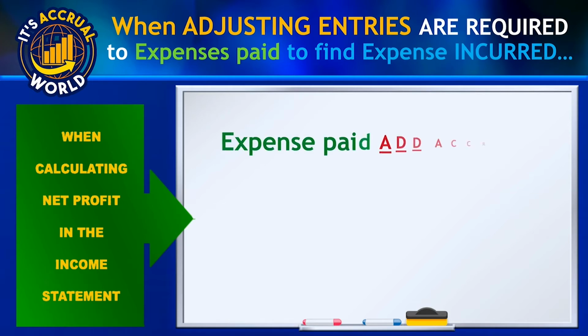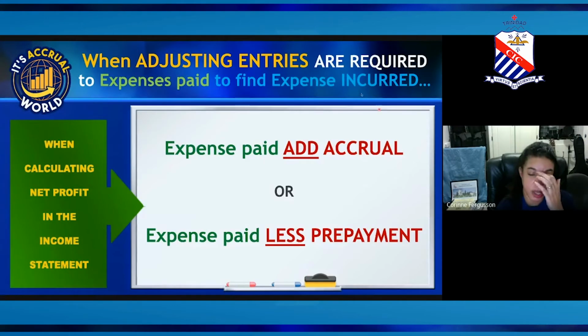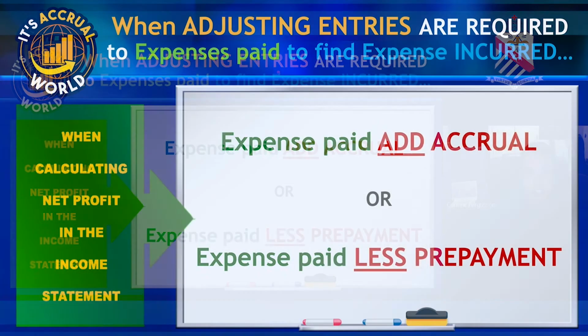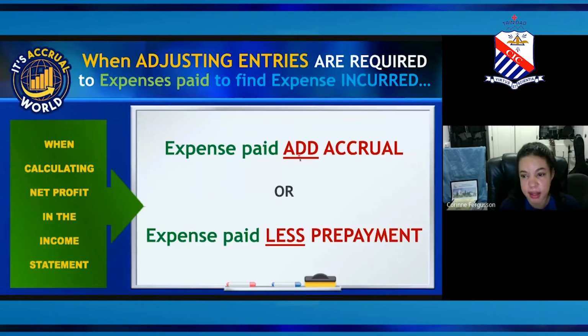You add accruals to the amount paid, or you less prepayments from the amount paid. This is basically going to be our lesson. So once again, when adjusting entries, meaning accruals and prepayments, are required to the expenses paid, to find the expense incurred, you add the accrual or you less the prepayment to find out what the expense incurred is.